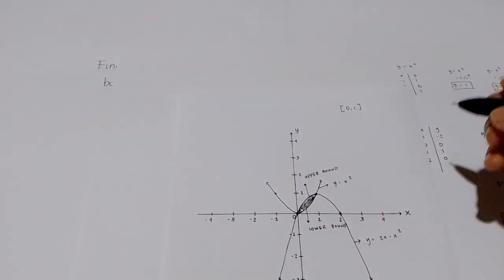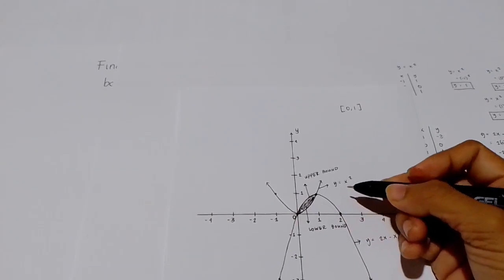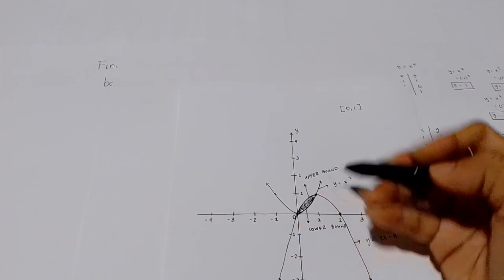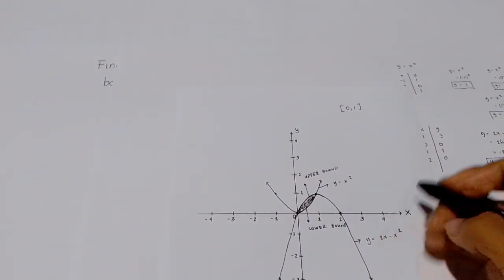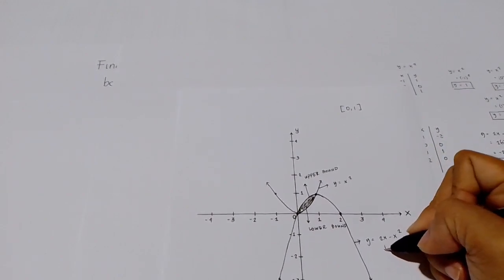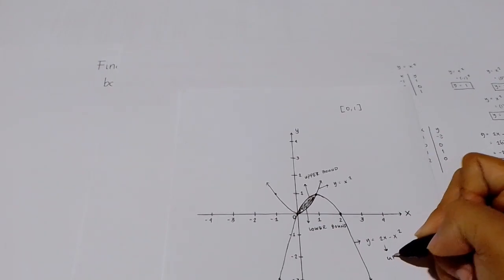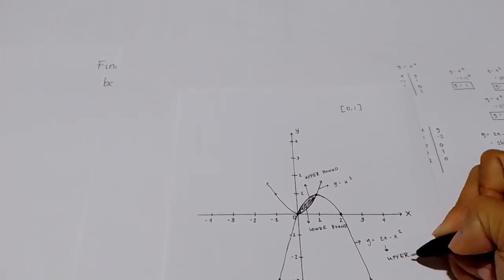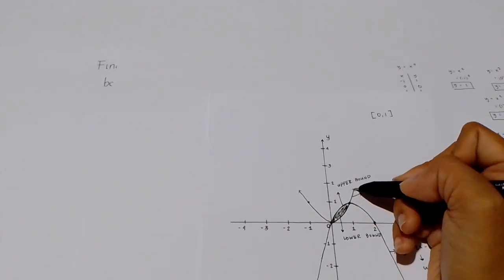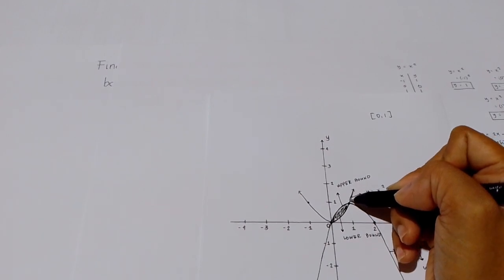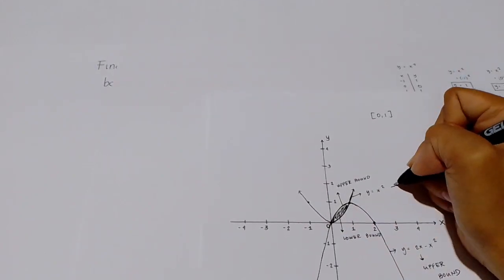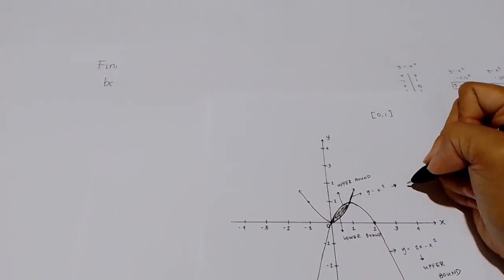So our upper bound, this graph, is the function 2x minus x squared. And our lower bound is this graph, which is the graph of the function x squared.